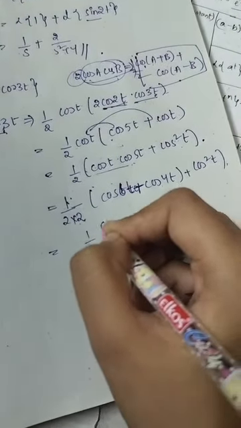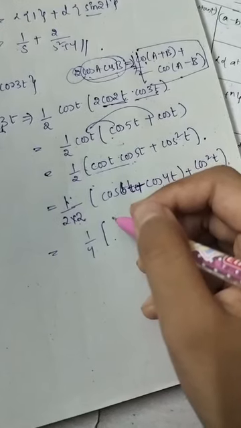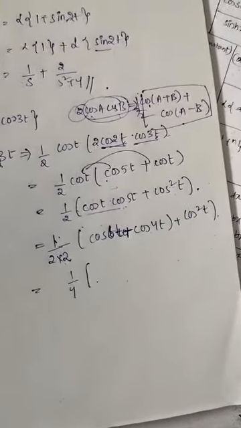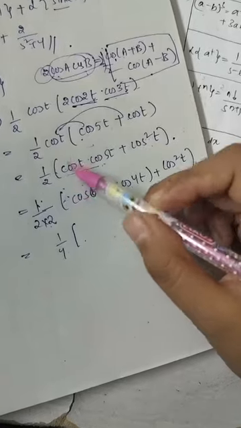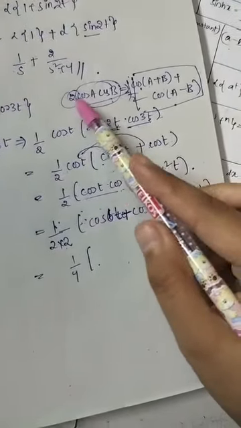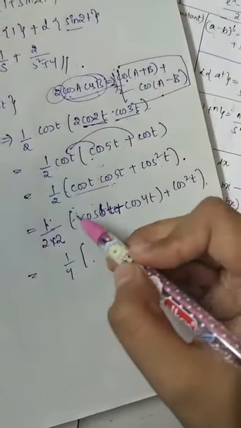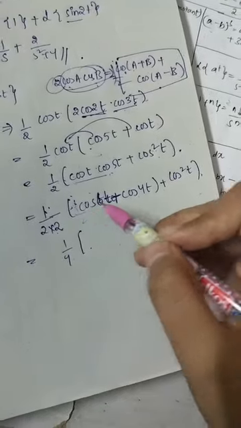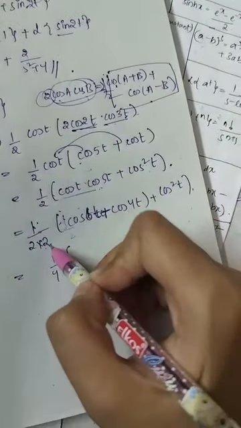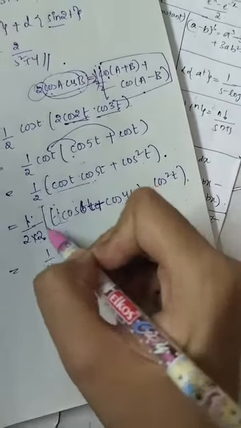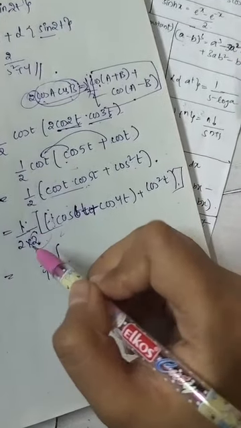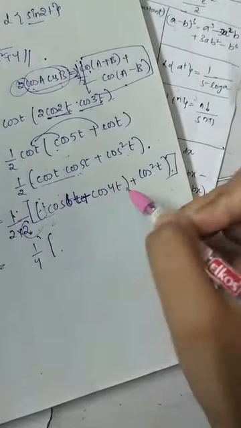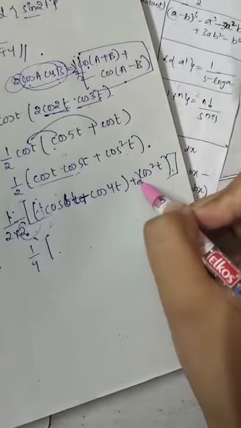So 1 by 4th of. Here we have taken the 2 common from here and we have taken this 2 this side, so it is applicable to this one. So 2 is here, that means another 2 should be there.